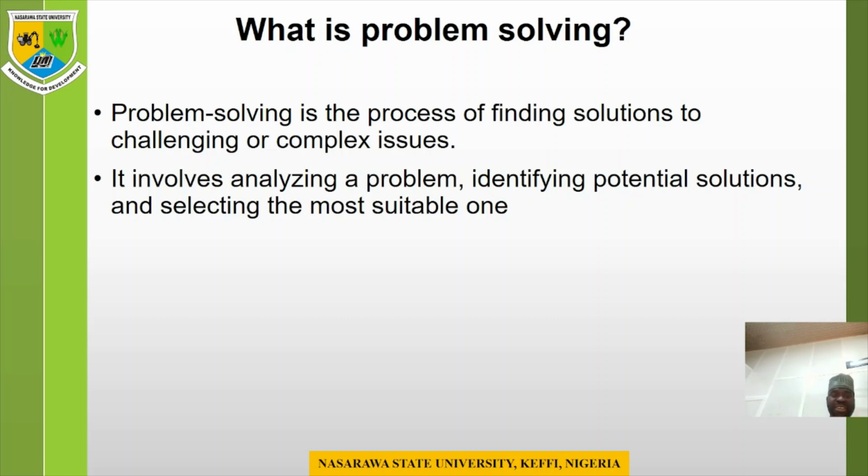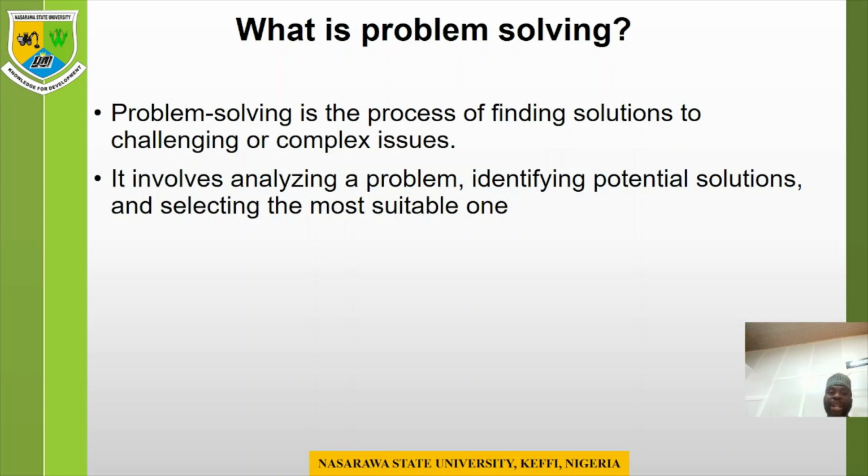Problem solving is a process of finding a solution to a challenging or complex issue. If the problem at hand is not complex, like you want to find, for instance, the sum of three numbers, this might not be a complex issue that needs you to systematically follow the problem solving techniques or steps.